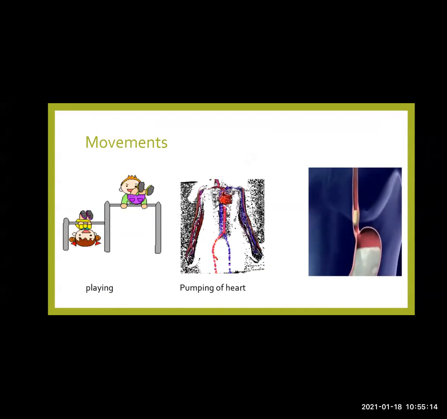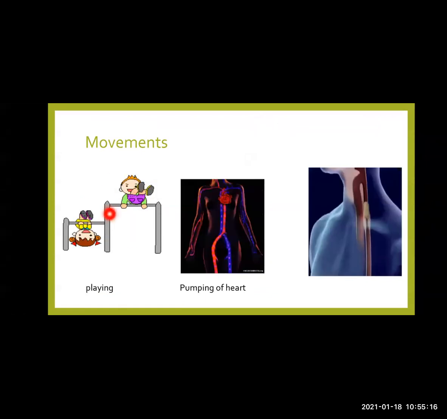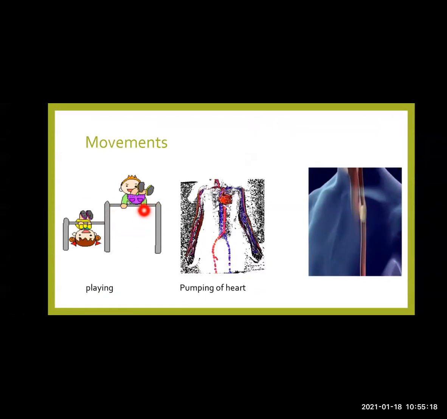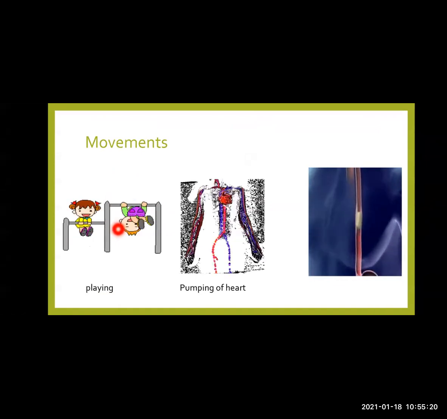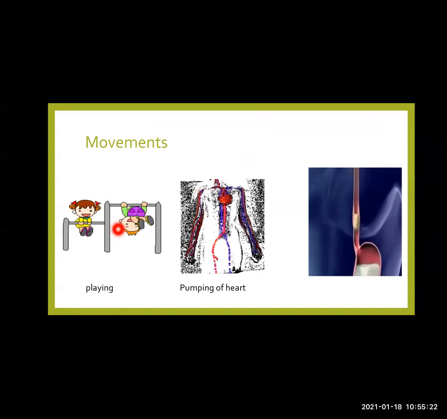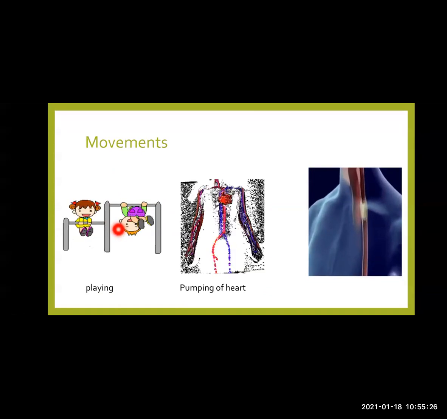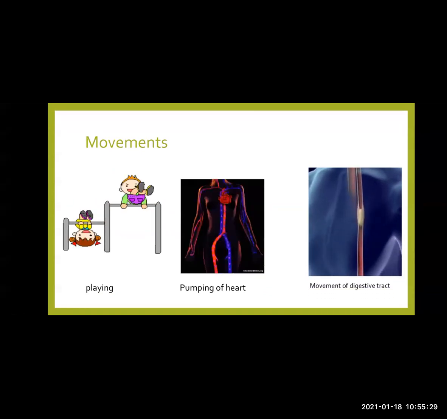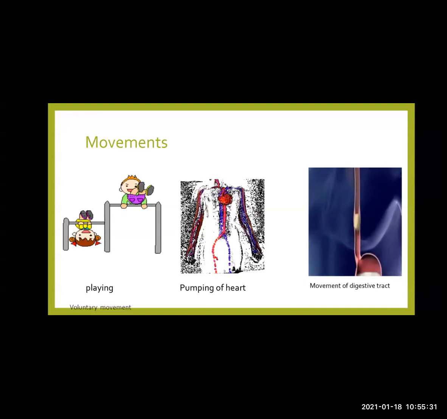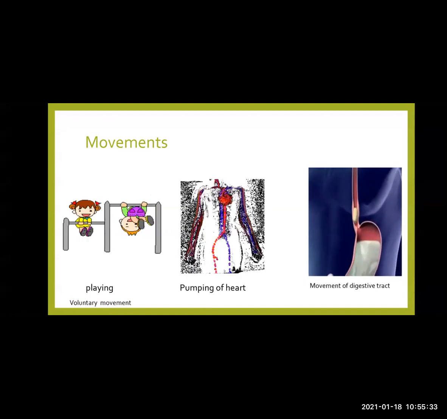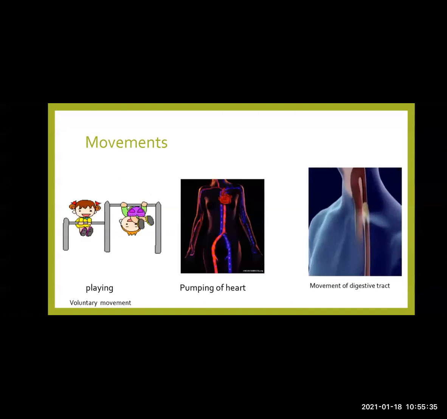We all know walking, running, playing, writing, these all activities are under control of our will. When we feel like walking, we walk. When we feel like sitting or sleeping, we do that. So it is under the control of our will. Hence, it is known as voluntary movement.